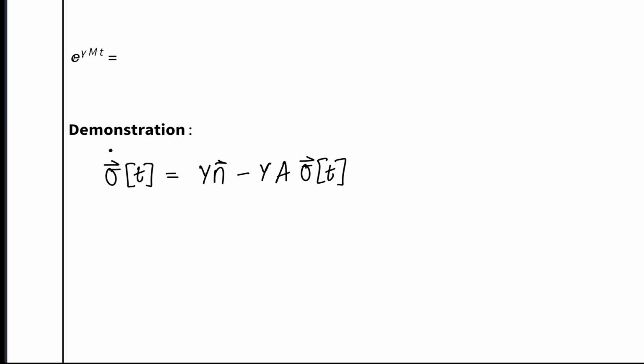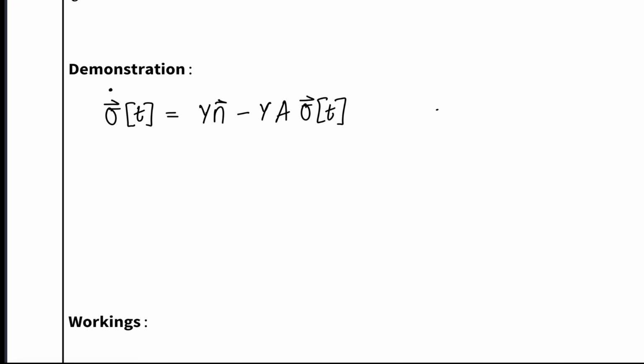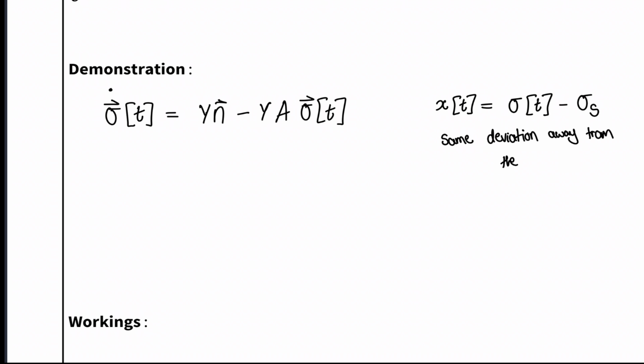Now I'm going to define a new function, x(t), which is going to be equal to sigma(t) minus the steady state. And all that is saying is that there's just a small deviation away from the steady state. That's all that this equation is saying.